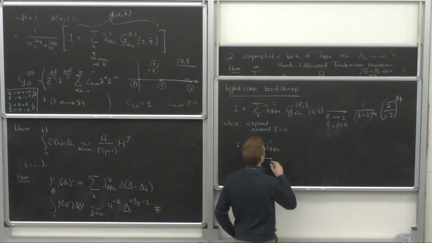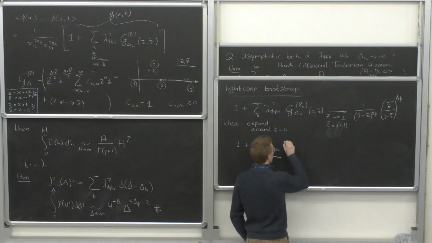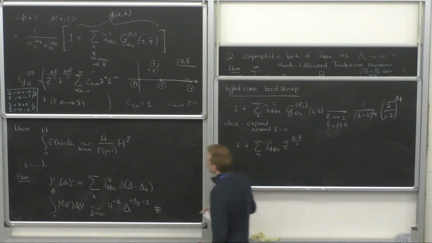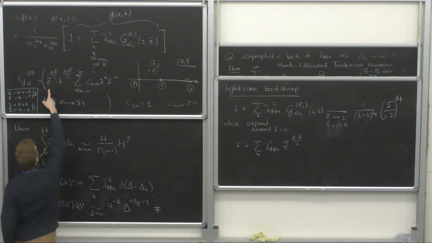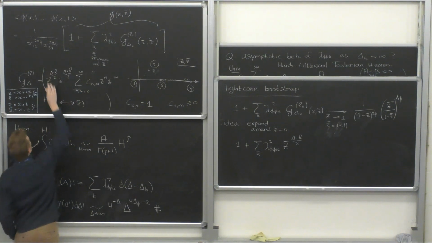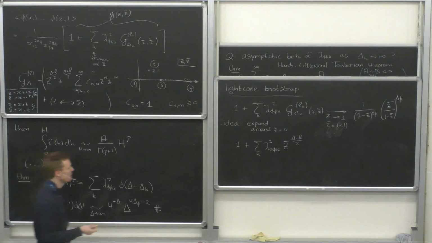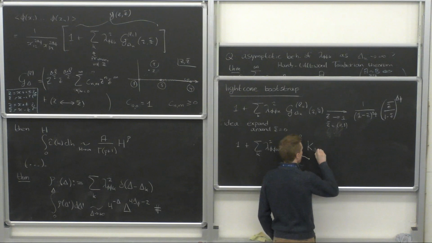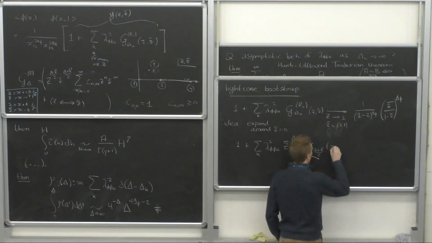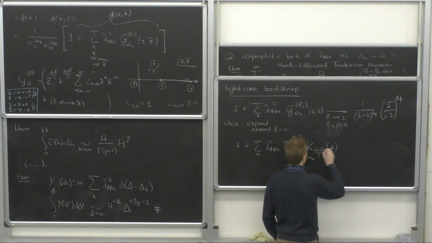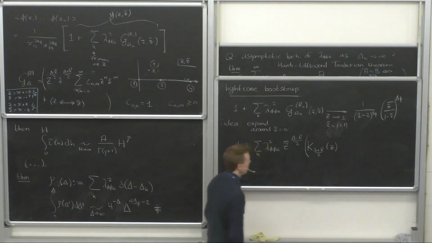So let's expand around z bar equals 0. Then you get z bar to the delta minus L over 2. And then this power series in z, but it's actually the second term that is important. Then this power series in z, but I once told you that this is just K delta plus L over 2, of z bar. So this is actually the behavior.